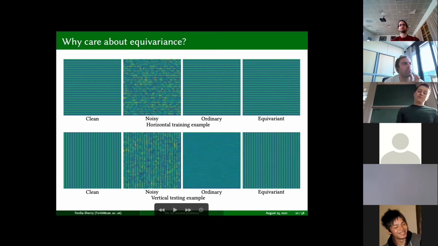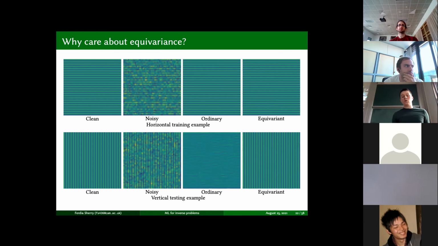Then when you turn this image and test it on an image with vertical stripes, the ordinary CNN fails miserably because it hasn't seen anything like that during training, and it doesn't know how to cope with this rotation. Whereas the equivariant one does exactly as well as it did on the training example.